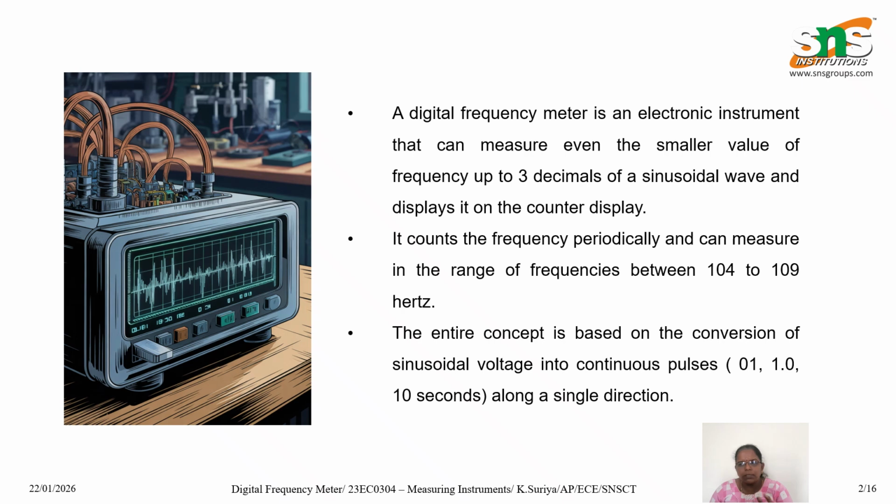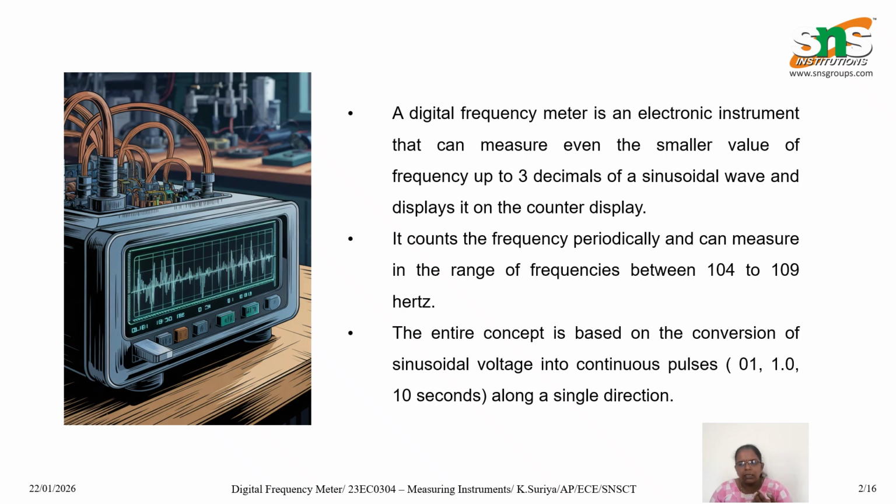Unlike analog instruments which use pointer movement, digital frequency meters provide numerical output, making the reading easier and more accurate. These instruments can measure frequencies ranging from very low values to very high radio frequencies. In many systems, they can measure frequencies from 10^4 to 10^9 hertz.